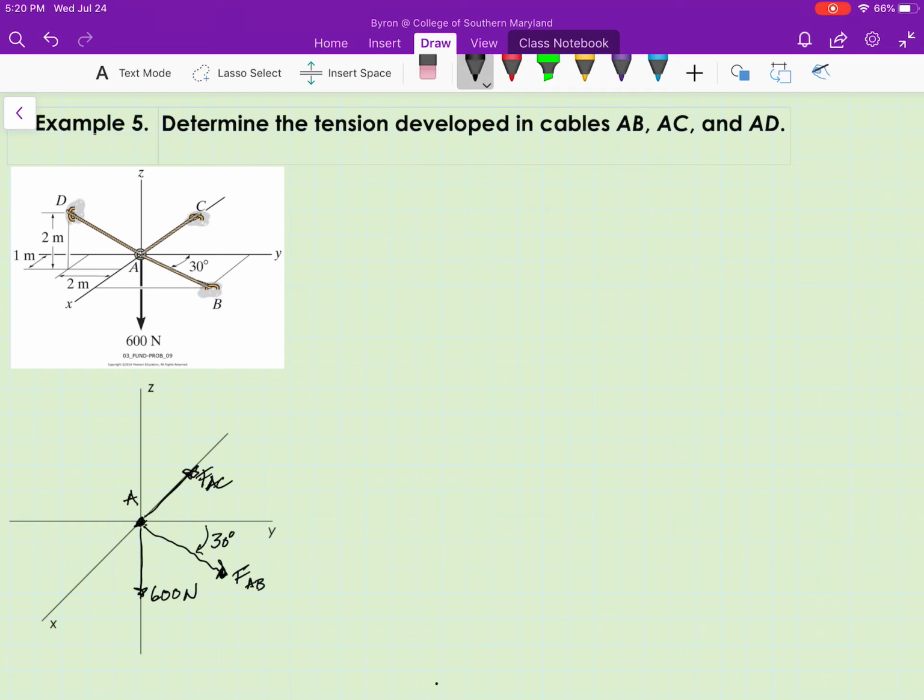And then I have FAD, which is in true 3D space.